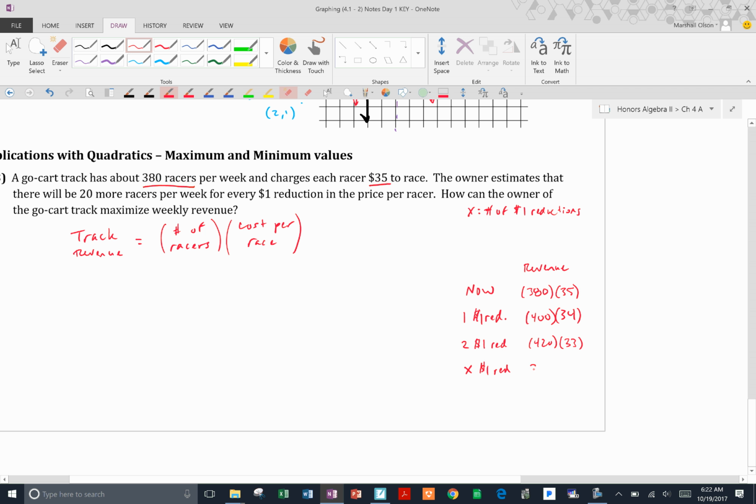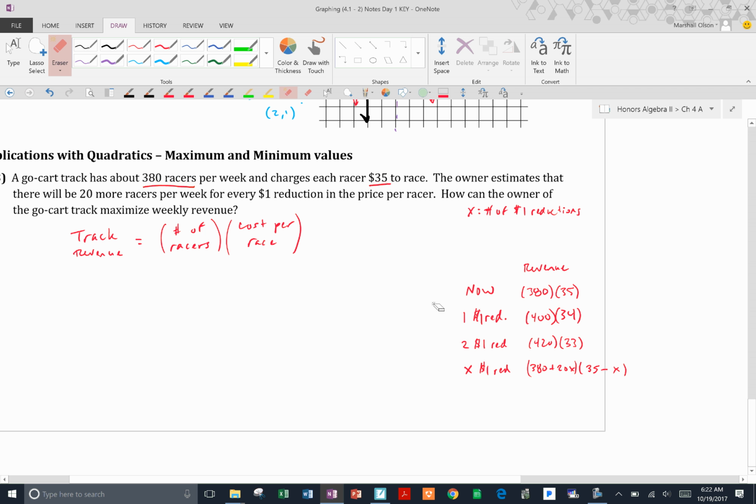So we have 380 as our starting point, but we're going to be adding 20X. And for the cost per race, every time he does a $1 reduction, it obviously goes down by $1. So 35 minus 1X. And if we use these as our X values, we would get these exact values over here using our expression.